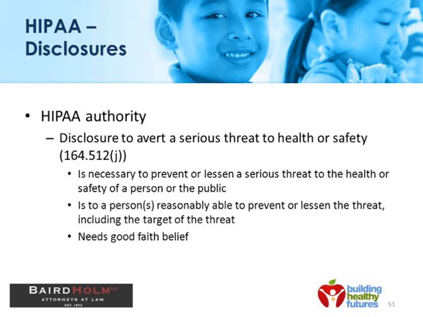This is probably the exception that applies more in the SBHC context, and we've gotten some clarification from the federal authorities on this in response to the Virginia Tech incident and the movie theater shootings, where they've said, look, if we have spotted this and could reasonably have prevented this, you can make the disclosure, but the requirements are that you have a reasonable belief or a good faith belief that the disclosure is necessary to prevent or lessen a serious threat to the health or safety of a person or the public. So what are they saying?